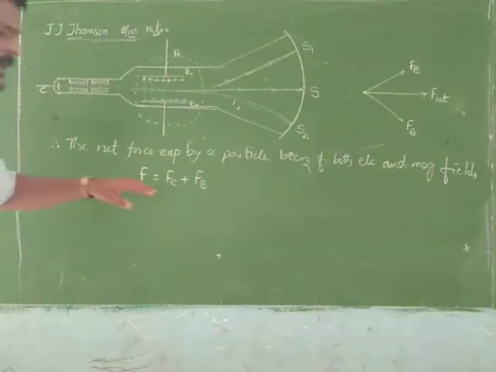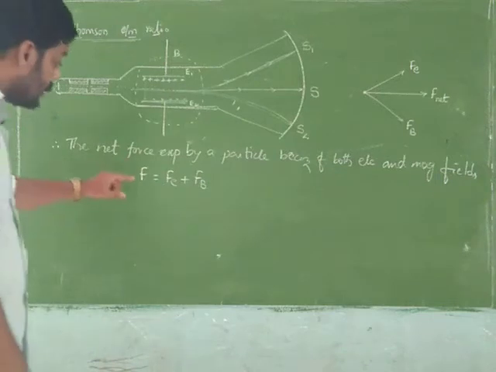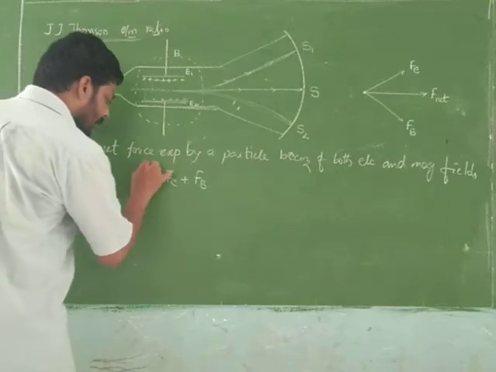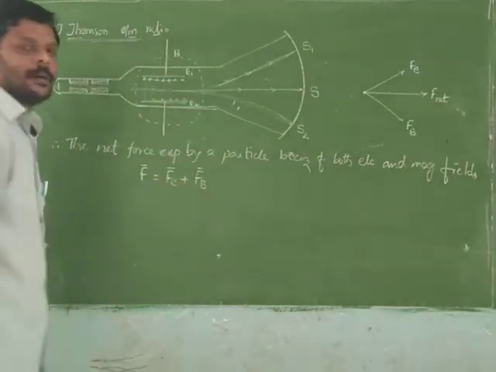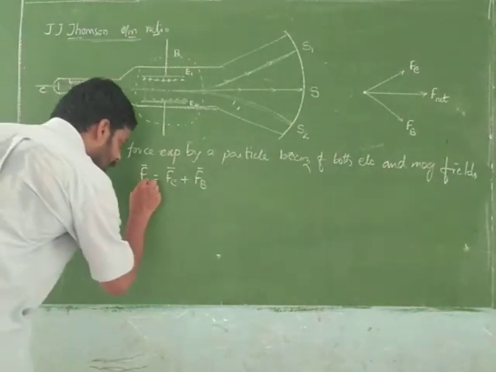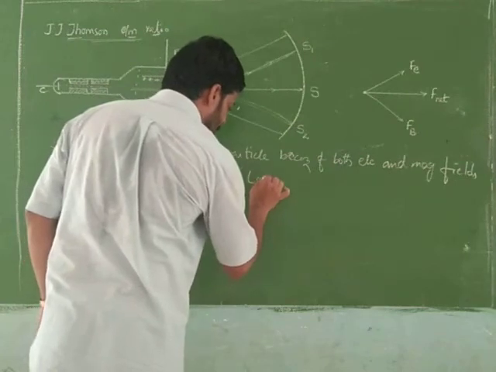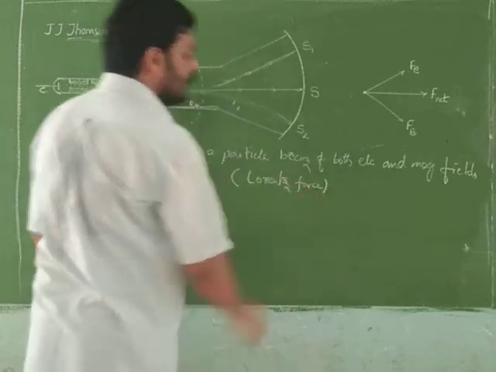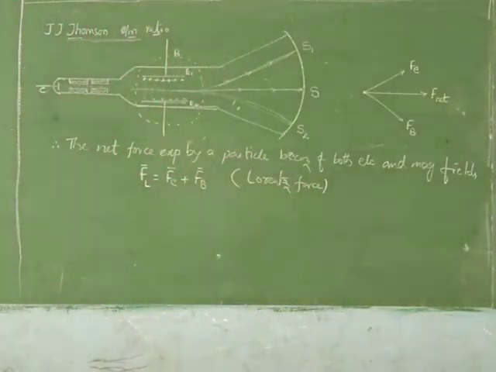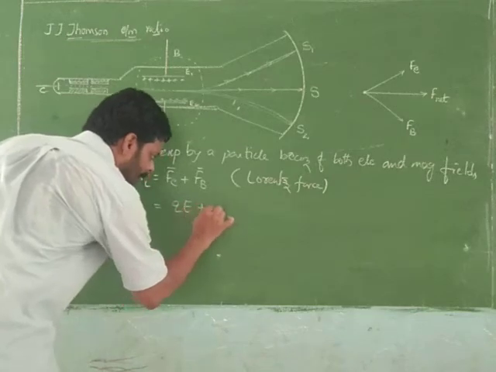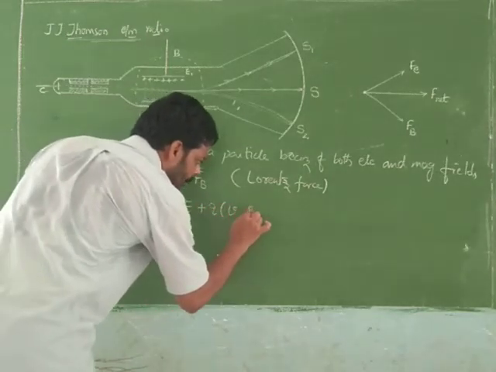This statement is not exactly right because force is a vector quantity and we should give the direction, isn't it? So here I write F bar equals Fe bar plus Fb bar. This force has a special name known as Lorentz force. Lorentz is a mathematician's name. So Lorentz force, FL, is equal to Fe plus Fb. By combining these two expressions, I can write it as QE plus QVB.